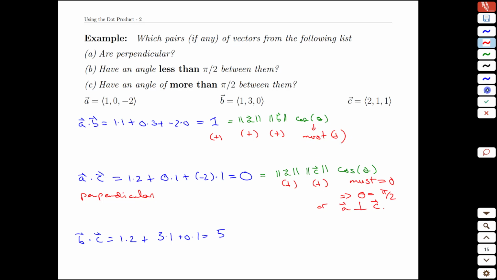Now let's think about that for a moment. If we talk about the cos graph, we talk about angles, the cos graph starts at 1, goes down, at 90 degrees or pi over 2 radians, it hits 0, and then it goes negative. If that's the case, then if we're going to have a cos of an angle and it's going to be positive, the only way to have that happen is to have a theta in this range here.